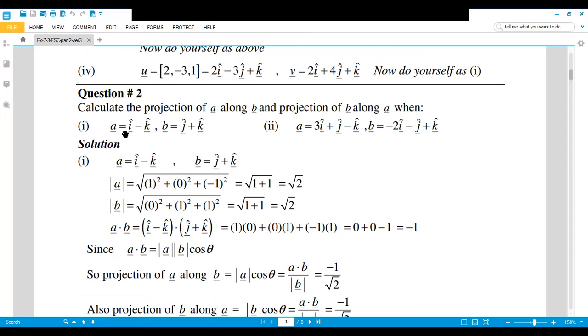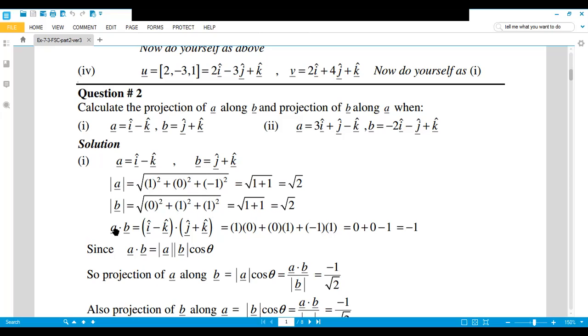First part is A is i minus k and B is j plus k. So you find the magnitude of A, that will be 1 squared. j is not given, so 0 squared, and the k coefficient is minus 1 squared, so we get root 2. And similarly, magnitude of B, i is not given, so 0 squared. The j coefficient is 1 squared and the k coefficient is 1 squared, so we get root 2.